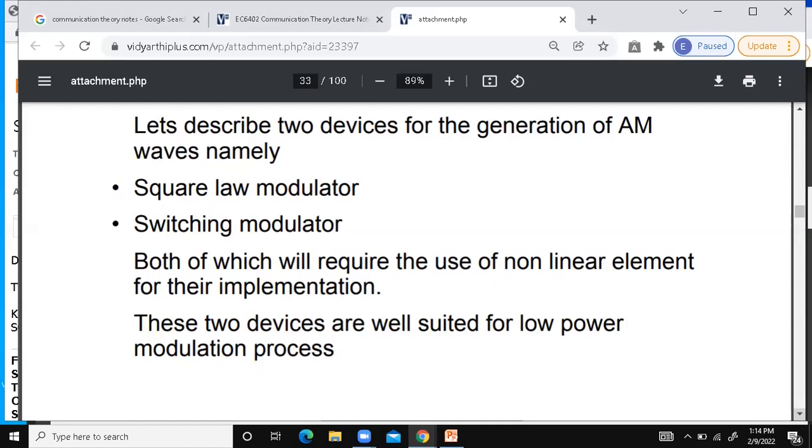All right. With these two modulations, we require the use of a nonlinear element for their implementation.